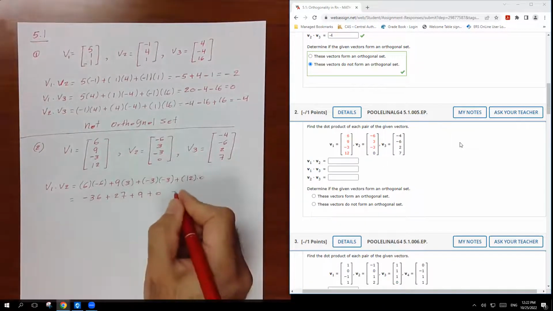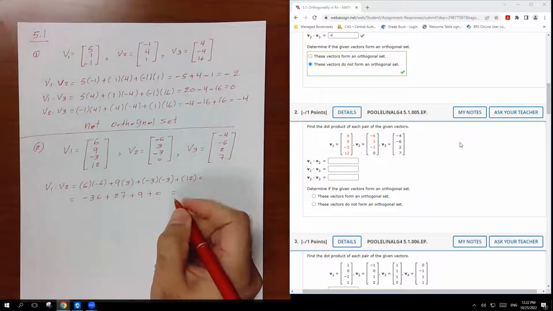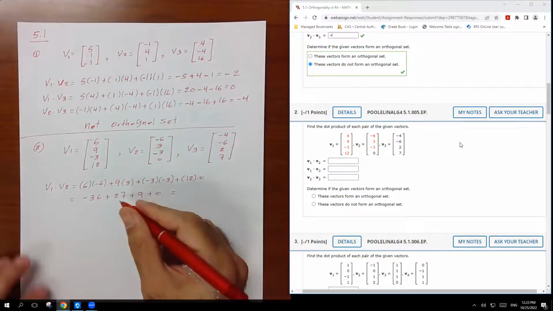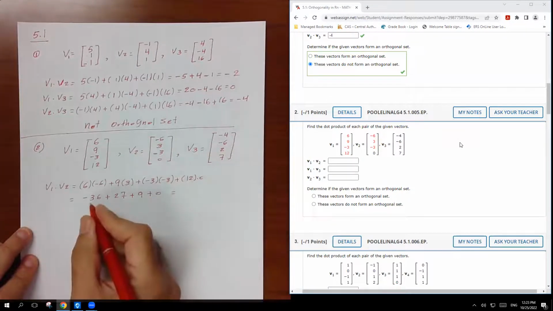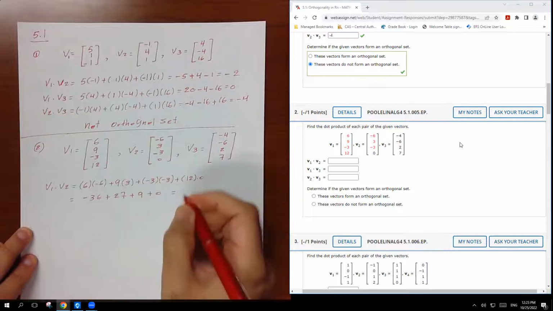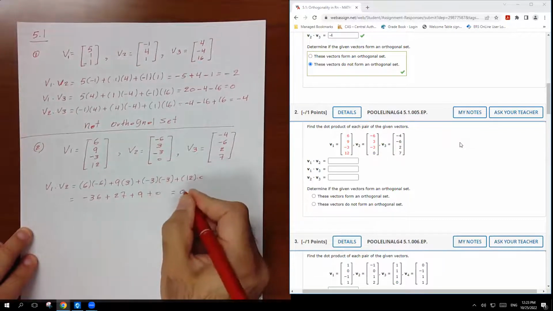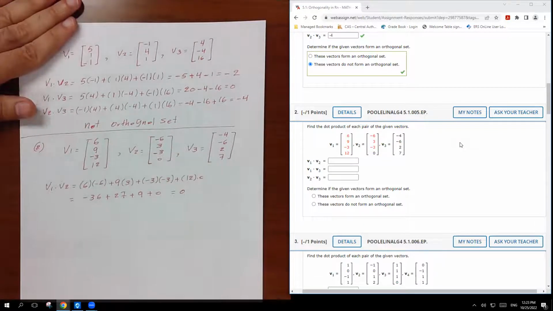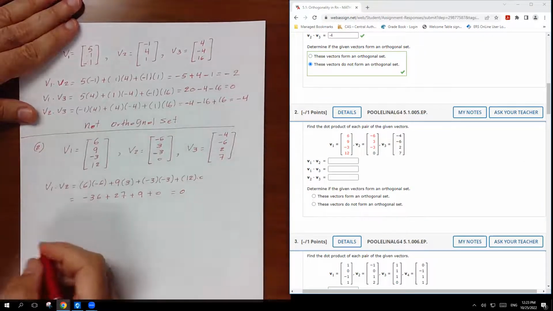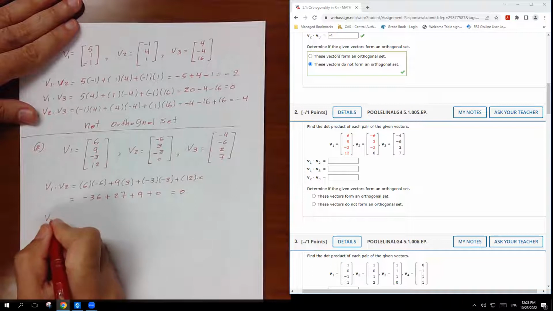So -36 plus 27 is -9, plus 9 is going to be 0. That means the dot product between the first two vectors equals 0. Now we have to check v1 times v3.